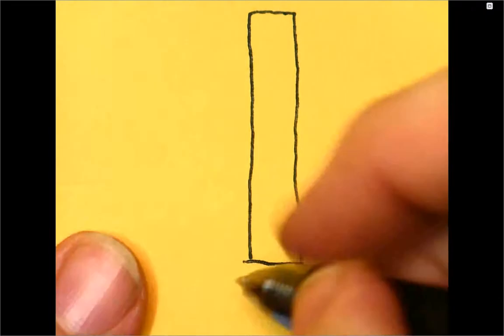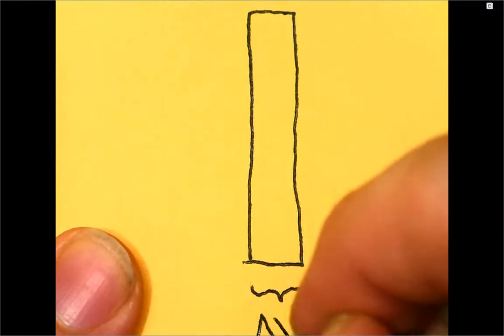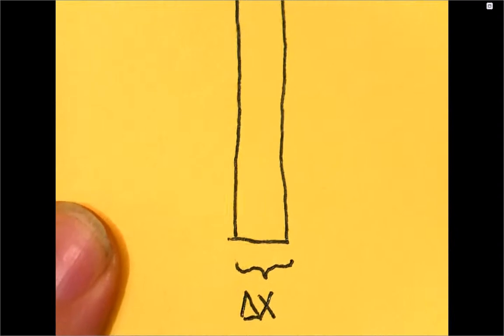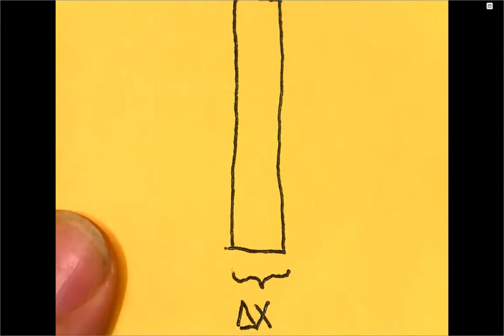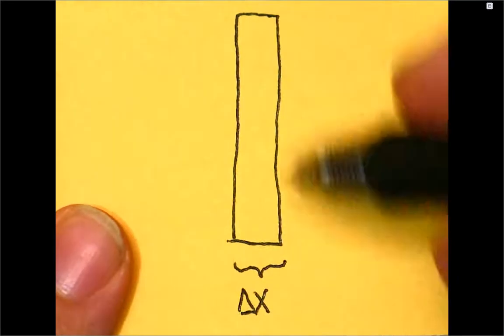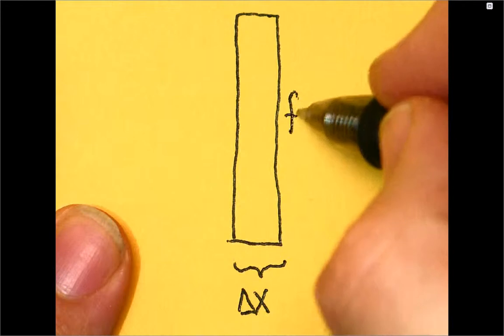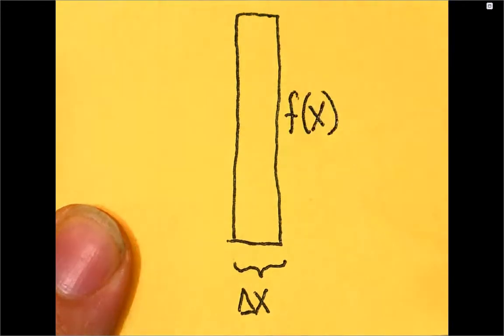This part would be a delta x. Actually, now I've got to zoom out because I zoomed in too far. What would be the height of this rectangle? Delta y? No. f of x. Well, think about what we used with the regular rectangles.